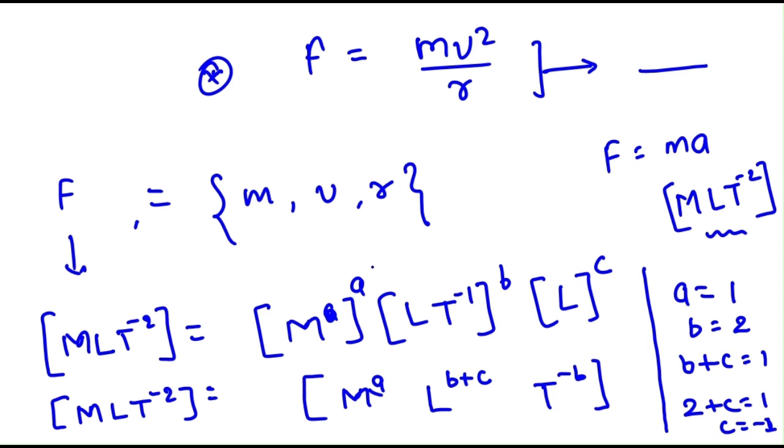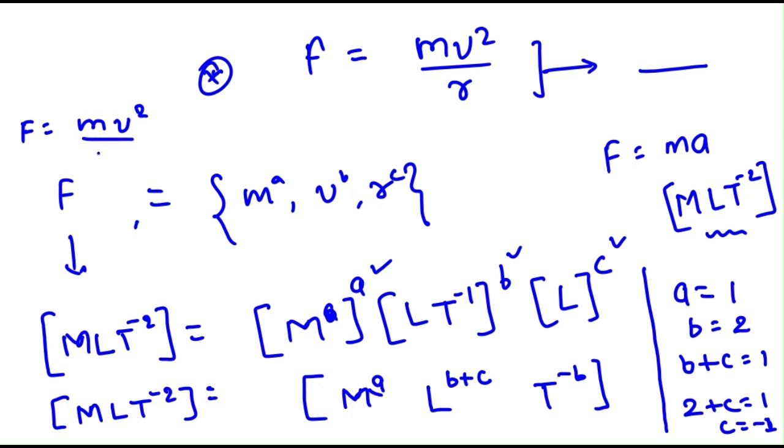Now you have got all these powers a, b, and c. You can put them back here. So F equals M to the power a, that is M to the power 1, v to the power b, which is v to the power 2, and c is nothing but minus 1, so r to the power minus 1.